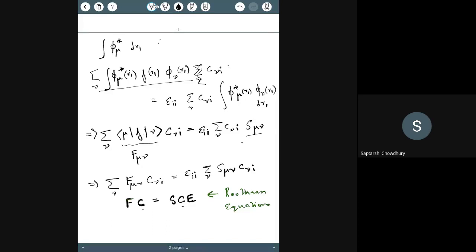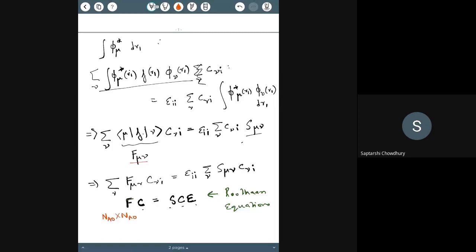S is the overlap of the atomic orbitals, and epsilon is the orbital energies. So it is illuminating to look at the dimensions. So this is the Fock matrix in atomic orbital basis. So let me call it N_AO. So it is N_AO by N_AO.